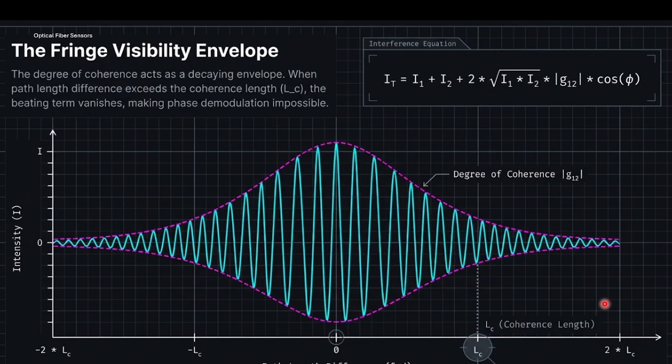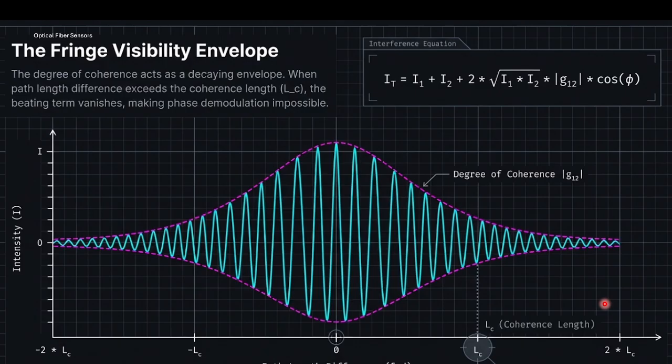Moving towards the next thing, which is the fringe visibility envelope. The degree of coherence acts as a decaying envelope when the path length difference exceeds the coherence length, and the beating term vanishes, making phase demodulation impossible.